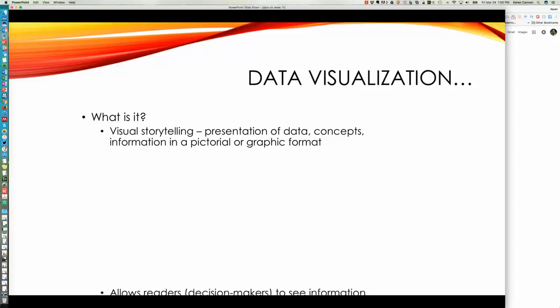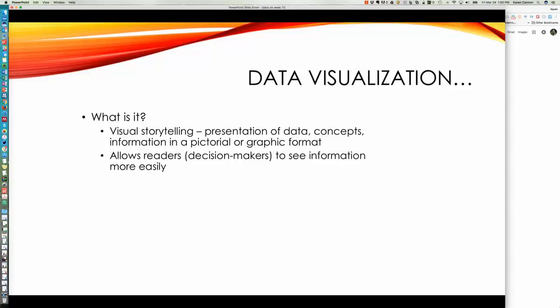There are a lot of different things that go along under this umbrella of data visualization, and we'll talk about those in just a few minutes. But essentially, the fundamental reason people are using data visualization is it allows people to see information more easily. And if it's helpful for an average reader or someone who's exposed to your information to see and understand and process information more easily, then it is even more valuable and important for anybody who's a decision maker.